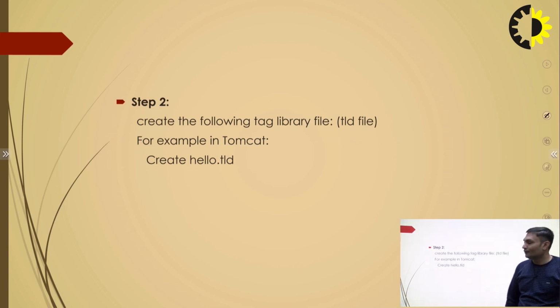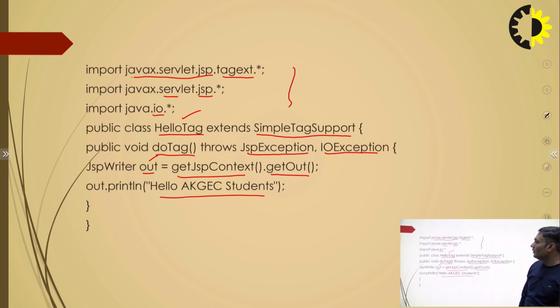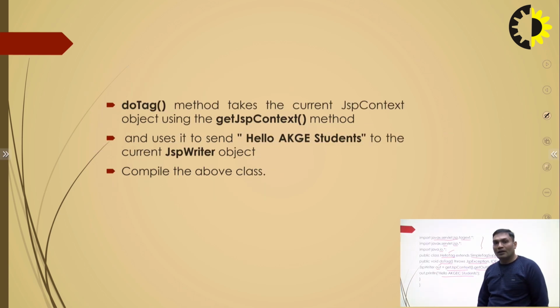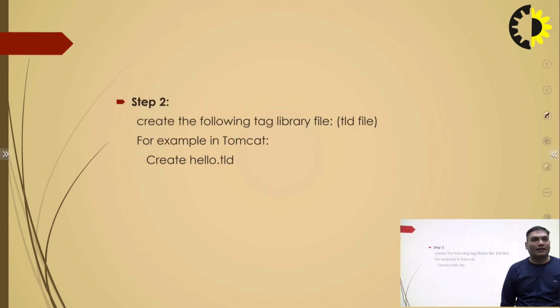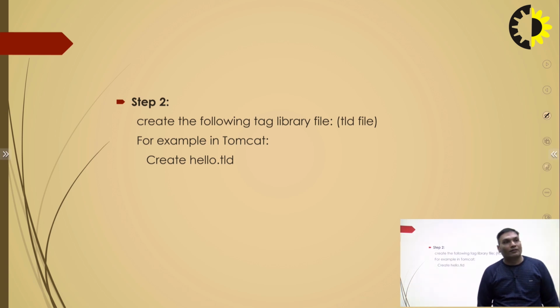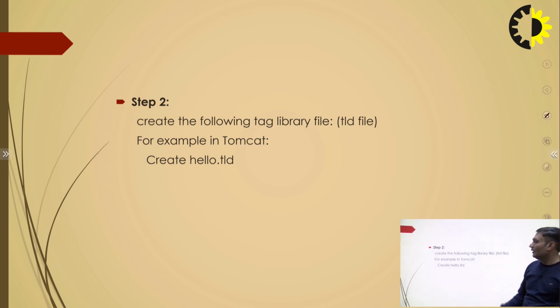Now the second step to create a custom tag is to create a tag library file. So second step is to create the TLD file, tag library descriptor.